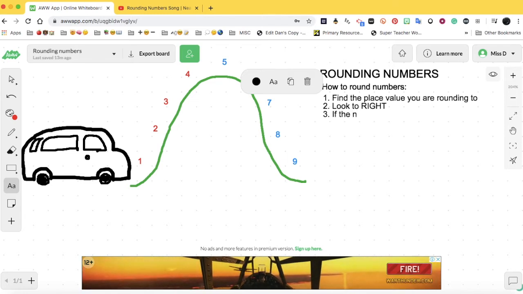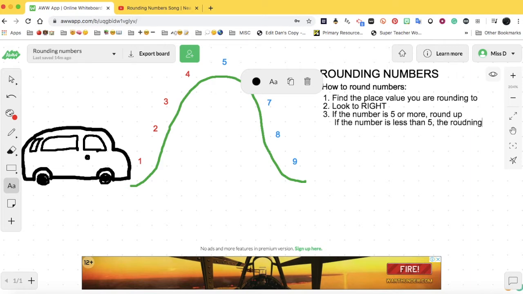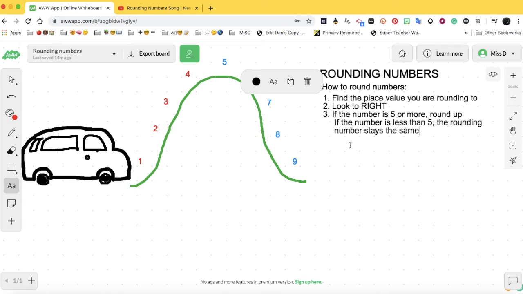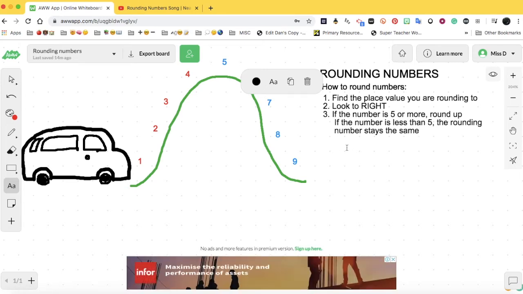If the number is 5 or more, round up. If the number is less than 5, the rounding number stays the same. Okay, so it's really important to remember that while we say it stays the same, you are still rounding it down.